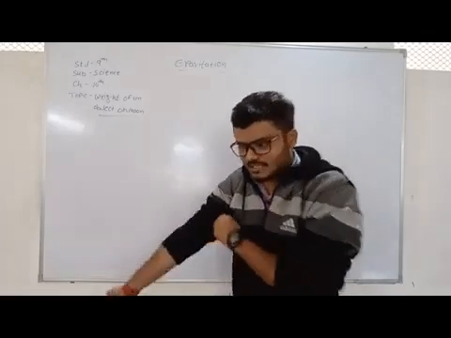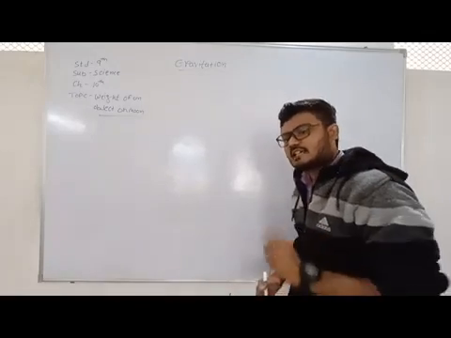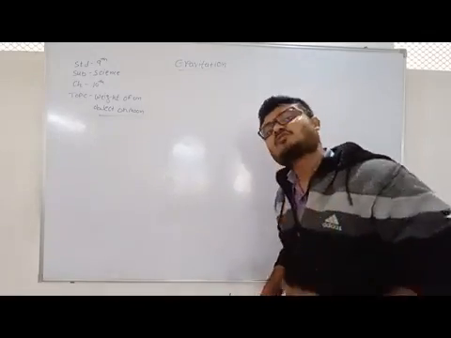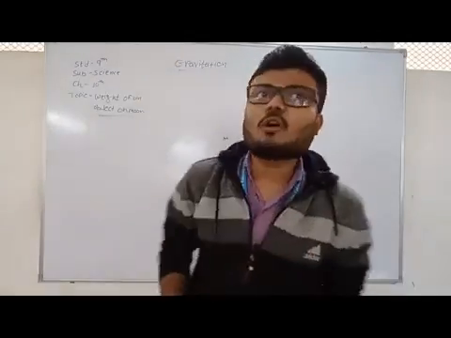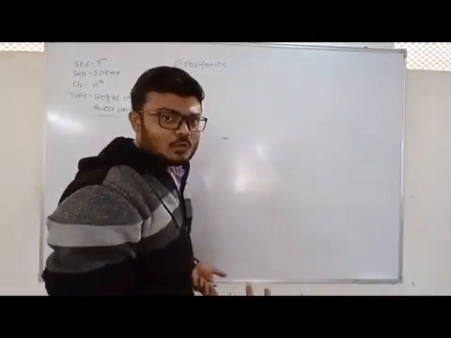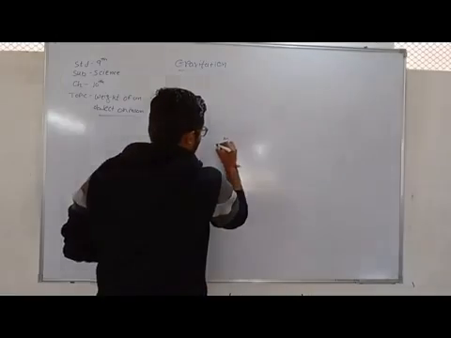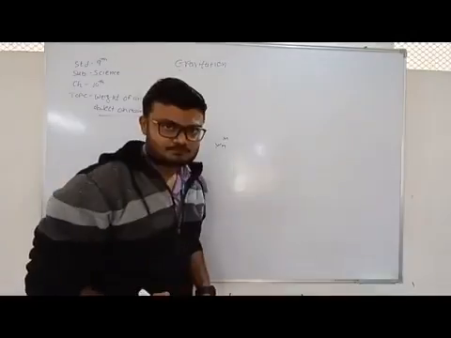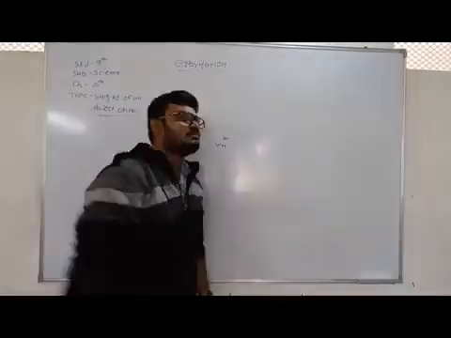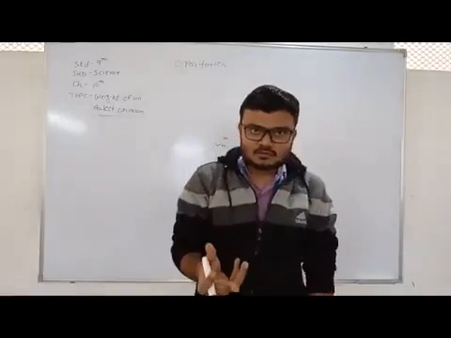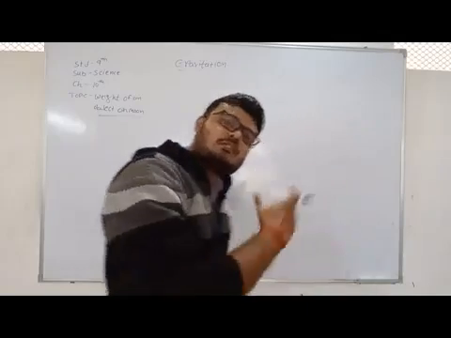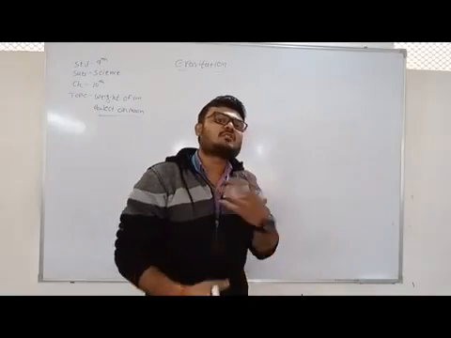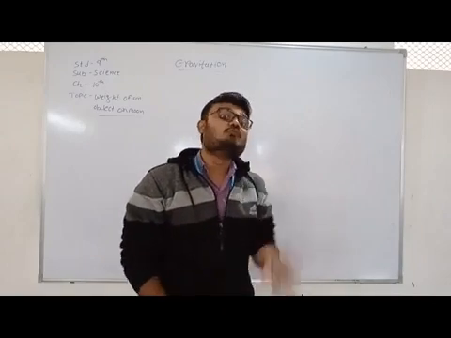Suppose the mass of the object is m, and the weight of that object on the moon is Wm. By applying the universal law of gravitation, we can find out the weight of an object on the moon.